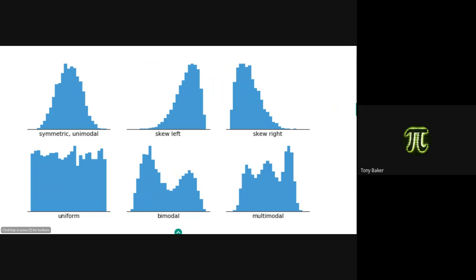We're looking at just what the shapes are. So histograms can come in a variety of different designs and shapes. It depends on what the data is. And depending on what the data is depends on what we can do with it and what information we can get out of it.